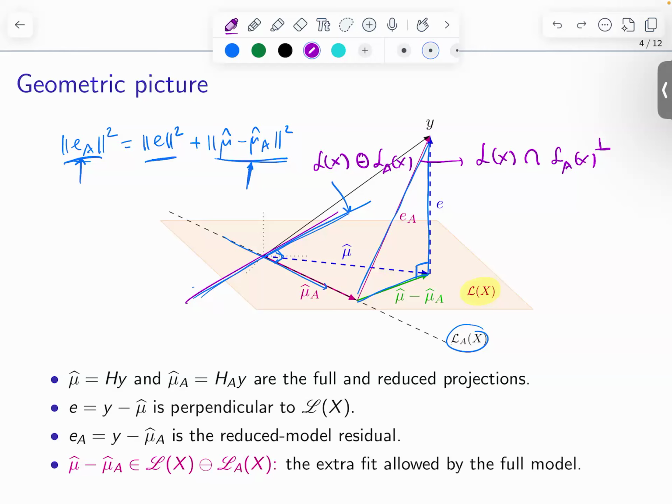Intuitively, if you have a vector in L of x, you remove the components that are in this direction, and you're left with only the components that are in that direction. So this is kind of a relative orthogonal complement. It turns out we'll see that this guy lives in this space, and for that reason this would form a right triangle, a triangle with a right angle.